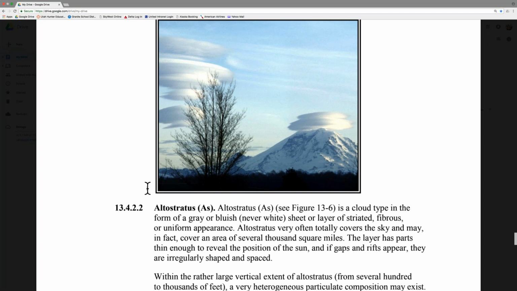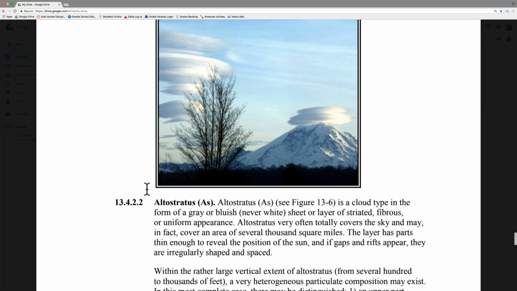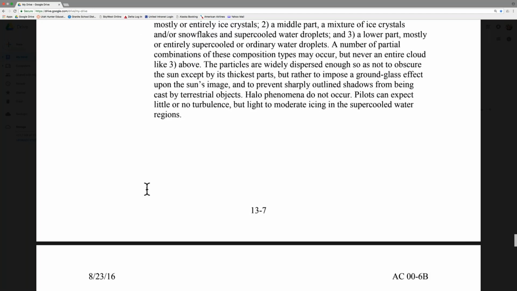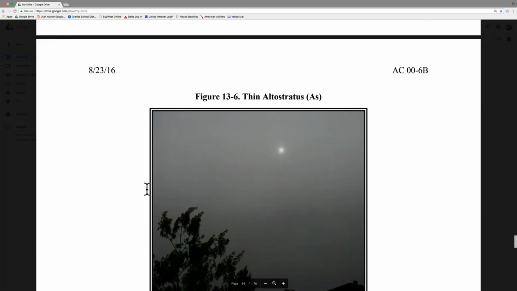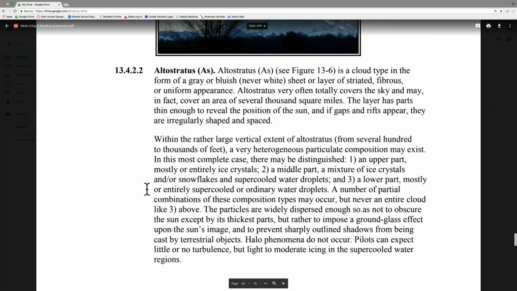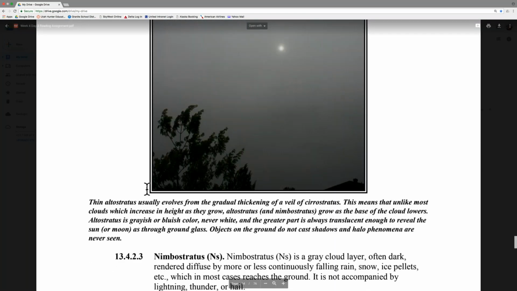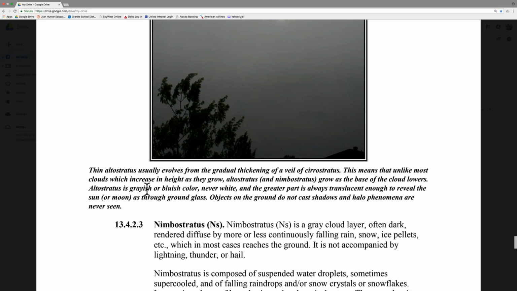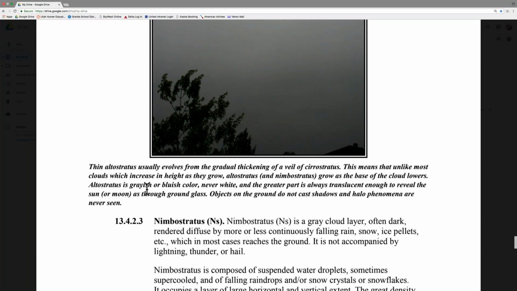But so altostratus, as you can see here, is just that weird layer of gray clouds, just kind of at a higher altitude rather than right against the ground.